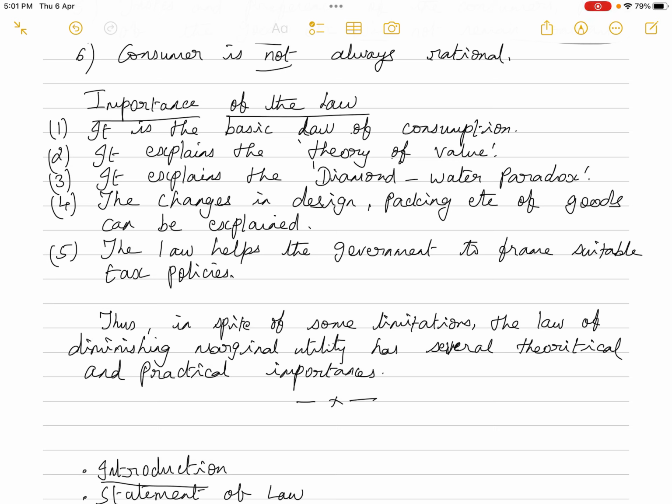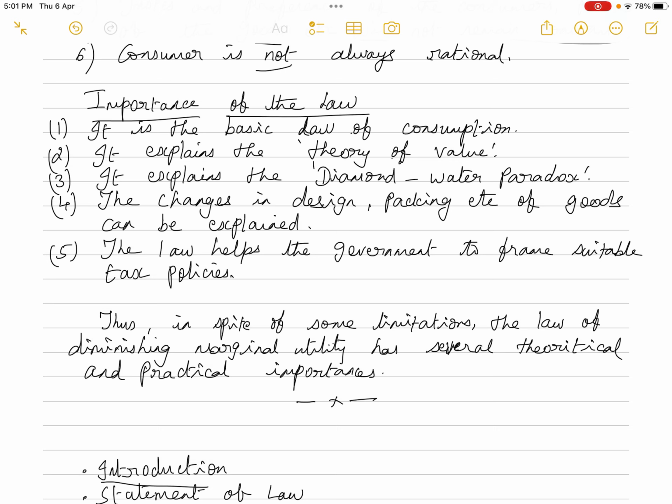Otherwise, if everything is homogeneous, and one of the assumptions of the law of diminishing marginal utility is that units are homogeneous, the producer cannot change the price. So the seller can understand that if he changes the design or the packing method, then he can change the price of the commodity.